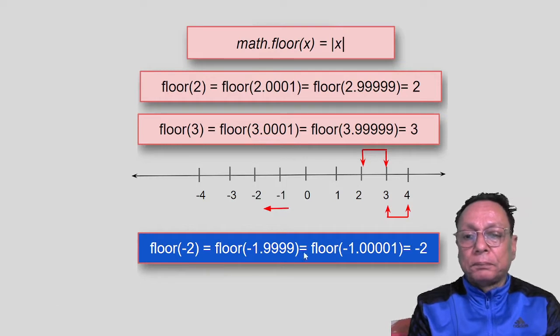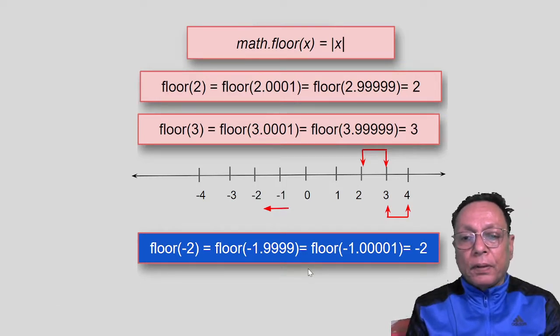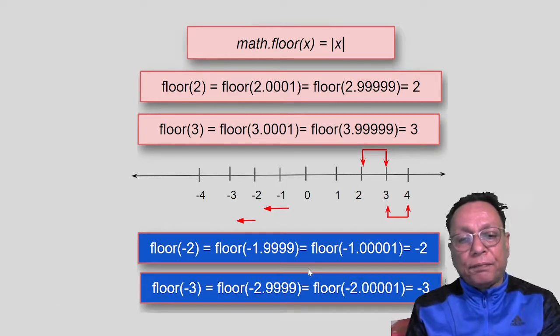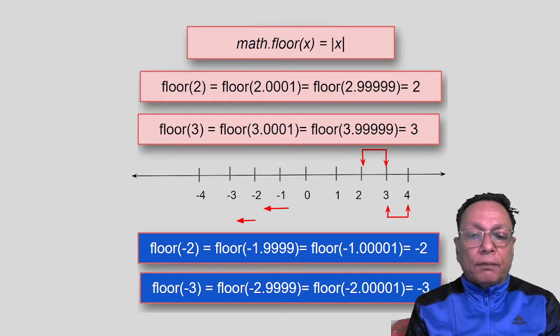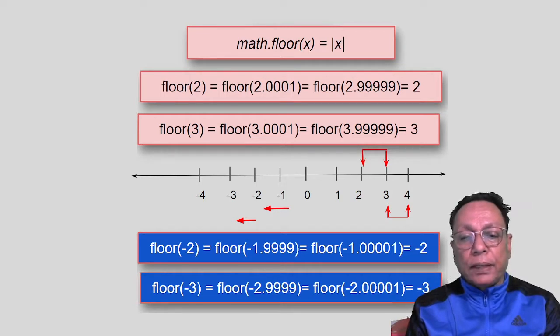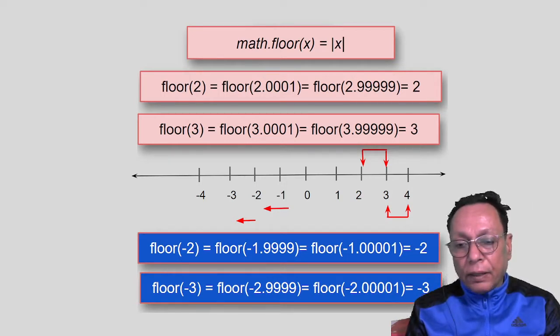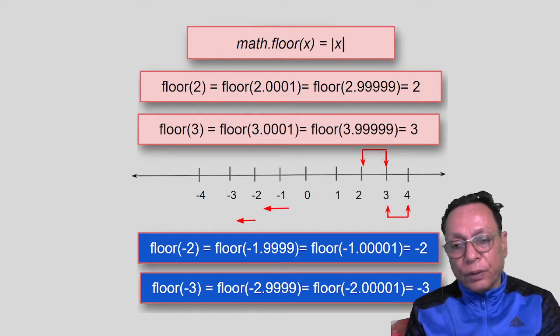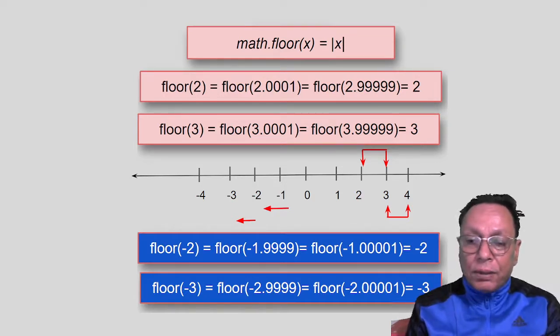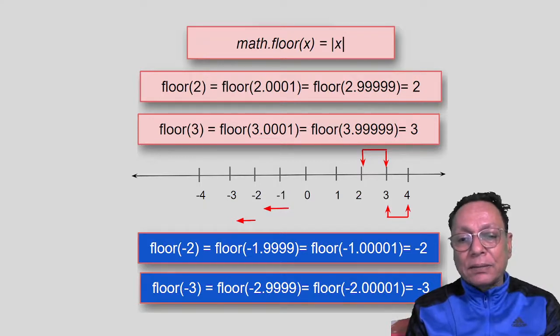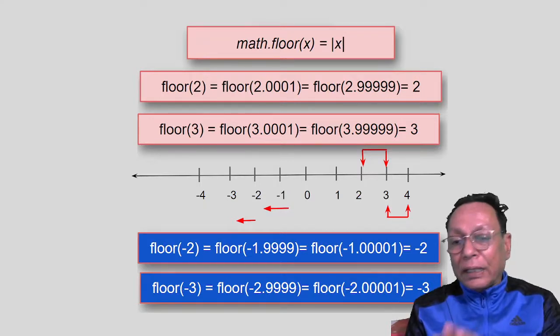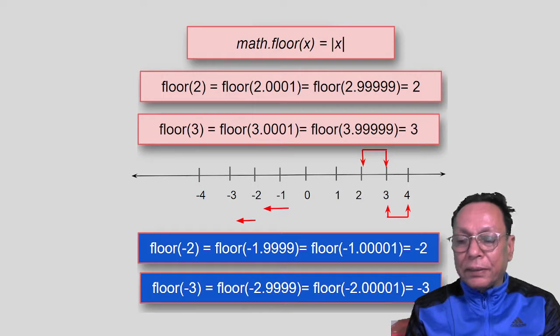Another example, if floor of minus 3 you want to evaluate. So if there is a value like minus 2.9999, if you want to take out the floor of this value, it will give you less or equal. So minus 2 is greater than minus 3. So it will give you minus 3 here.